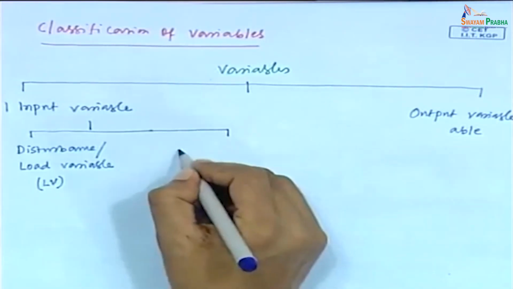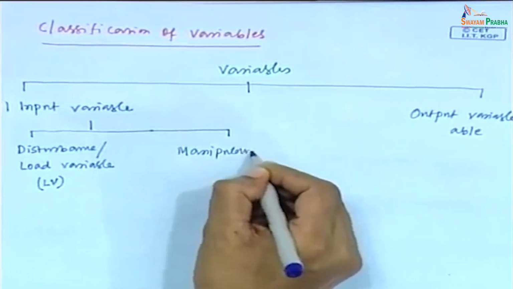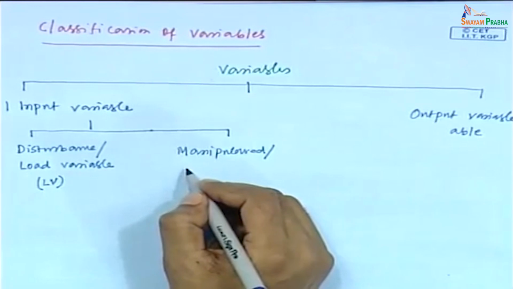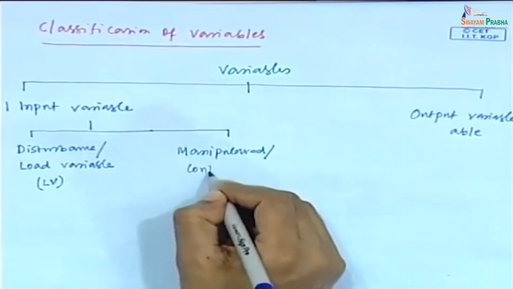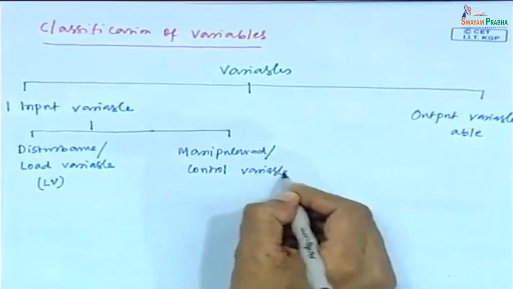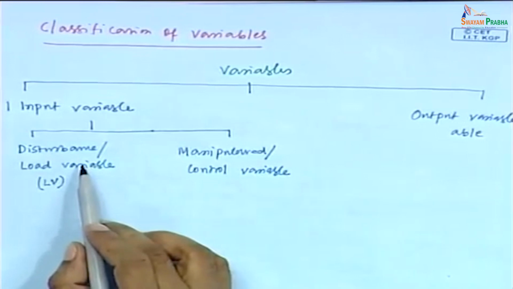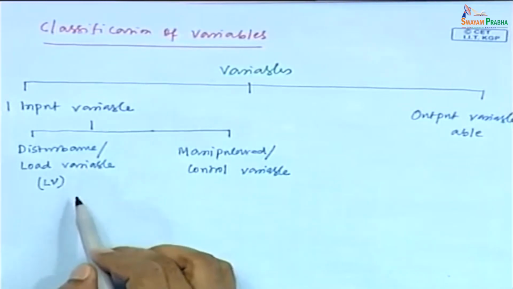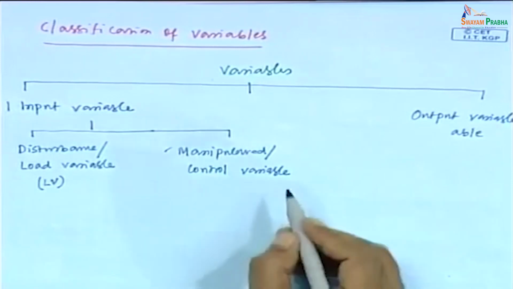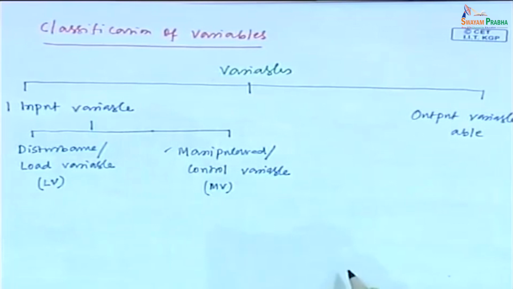The second input variable is manipulated or adjustable variable, sometimes called control variable. This we can represent by MV.